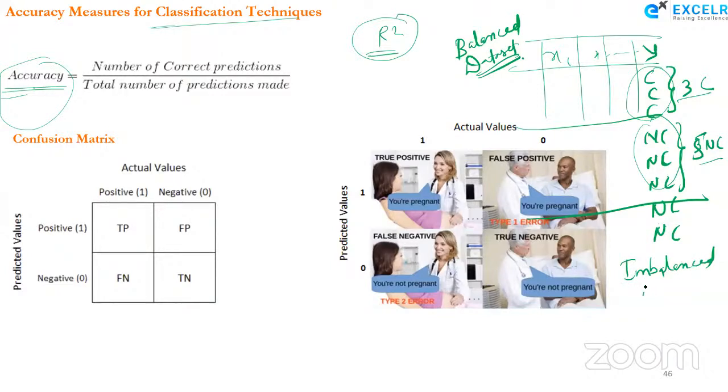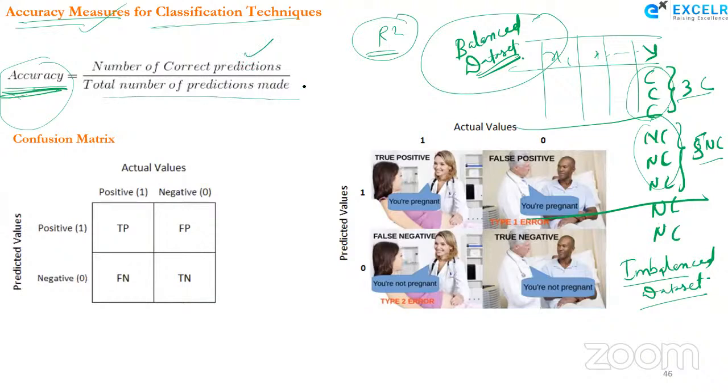Depending upon whether you are working on a balanced or an imbalanced data set, you need to determine which validation measure you should go for. If your data set is balanced, you can go with accuracy. What is accuracy? Accuracy is nothing but the number of correct predictions to the total number of predictions.